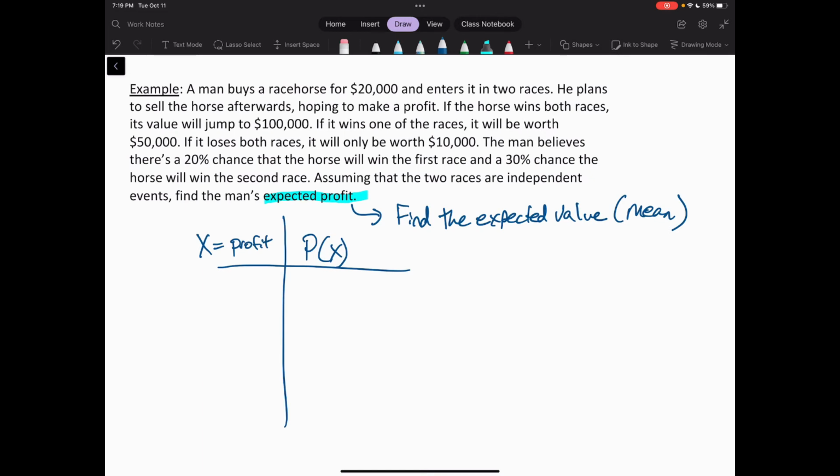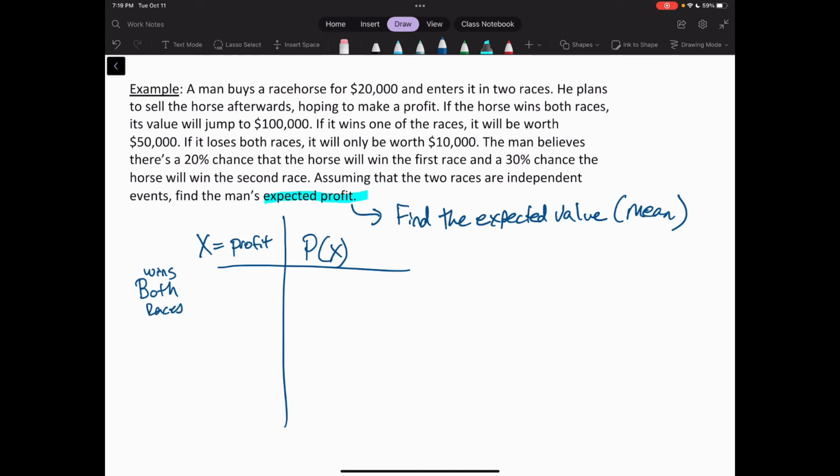So let us go through and think about all the possible profits, all the possible values for our random variable x here. He's running exactly 2 races. So what can happen? The horse can win both races. That will be one outcome.